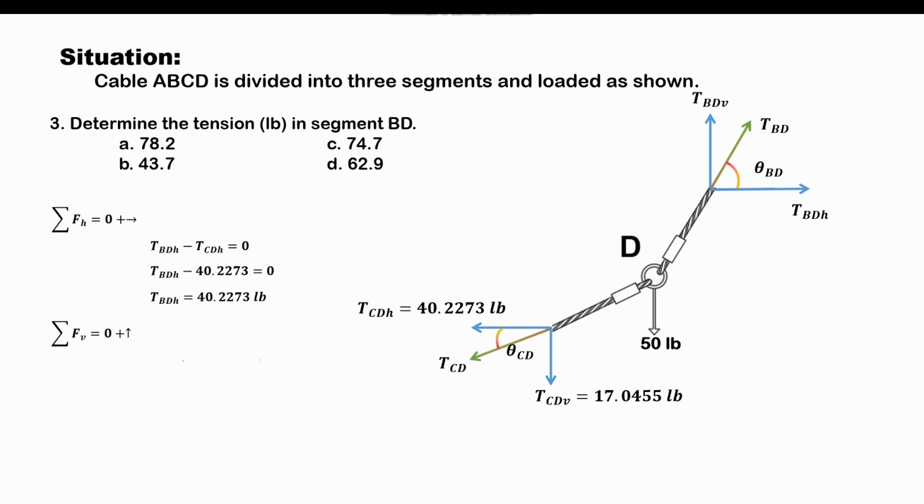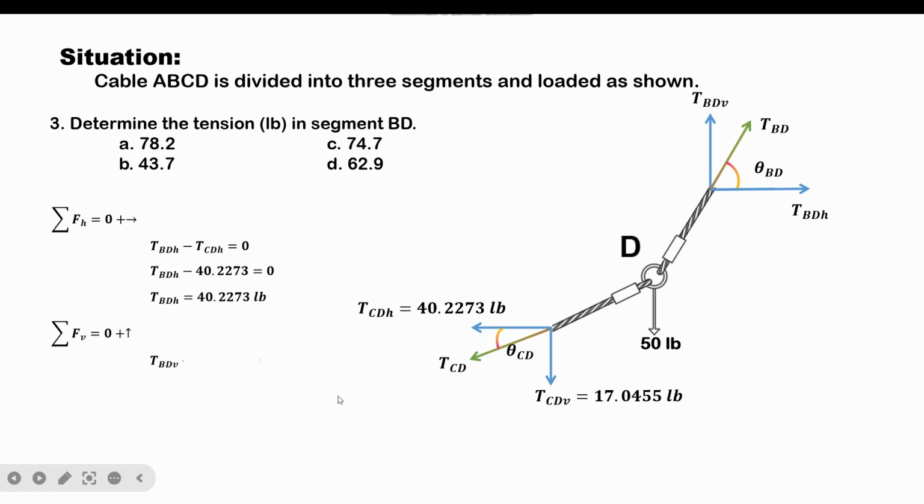At joint D, the force involved would be the vertical component of tension BD, and this component is acting upward. That's why we have here positive TBDV. Another force involved in this equation would be the vertical component of tension CD, TCDV, which is acting downward.